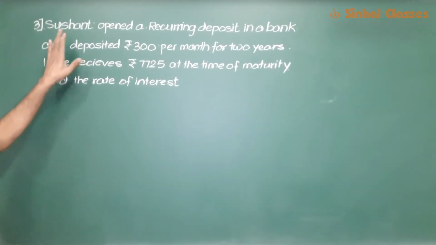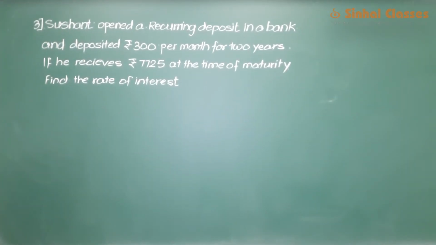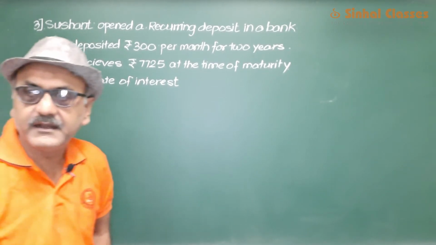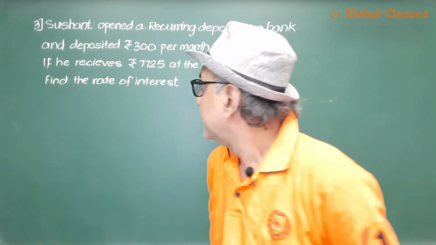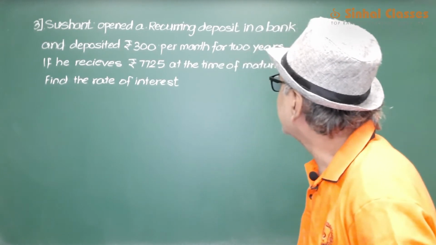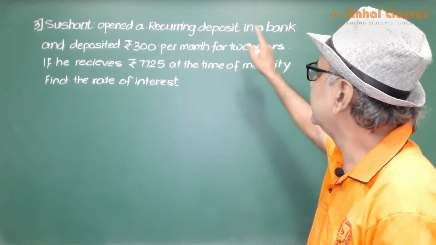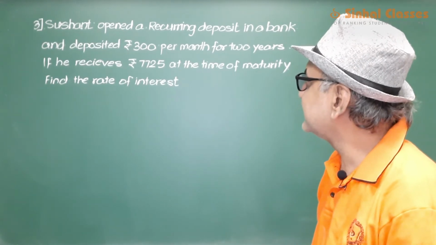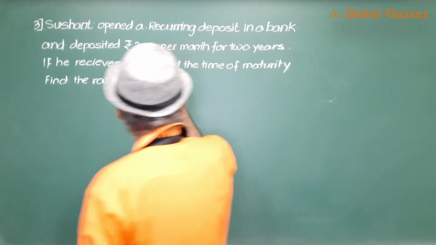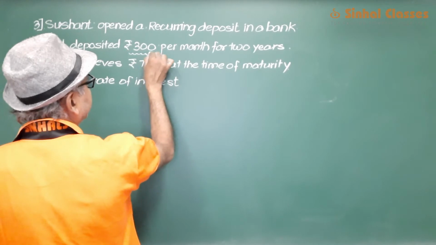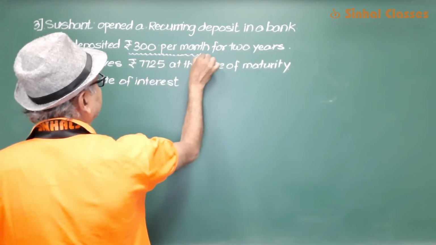Now, next question is, bacho, Sushant opened a recurring deposit in a bank and deposited rupees 300 per month for 2 years. When we read the question, a recurring deposit is initiated in a bank, 300 is deposited per month.